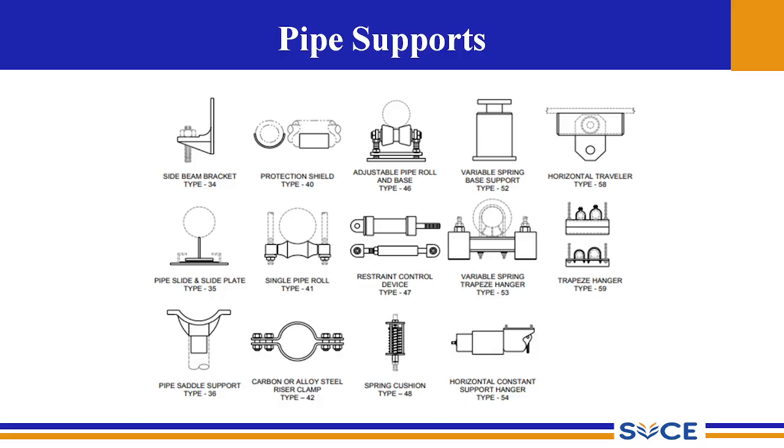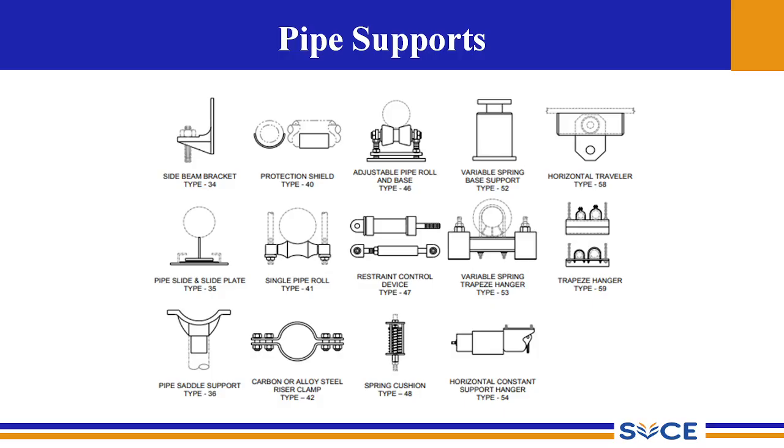Next is the type 59, which is the trapeze hanger kind of an arrangement. So this is used in conjunction with the hanging straps. If we have a base on which the trapeze is installed, that becomes a spring trapeze hanger.